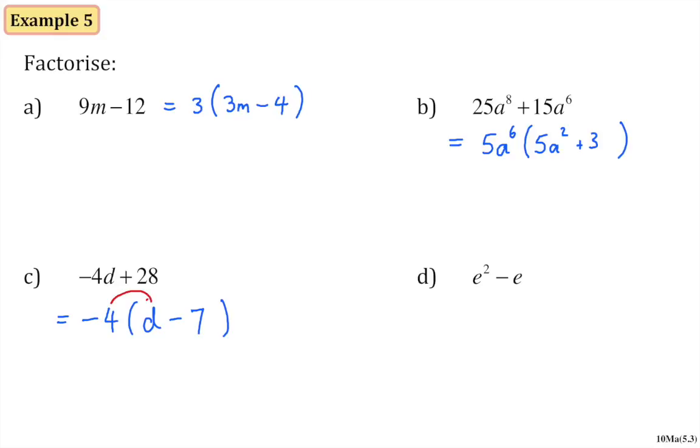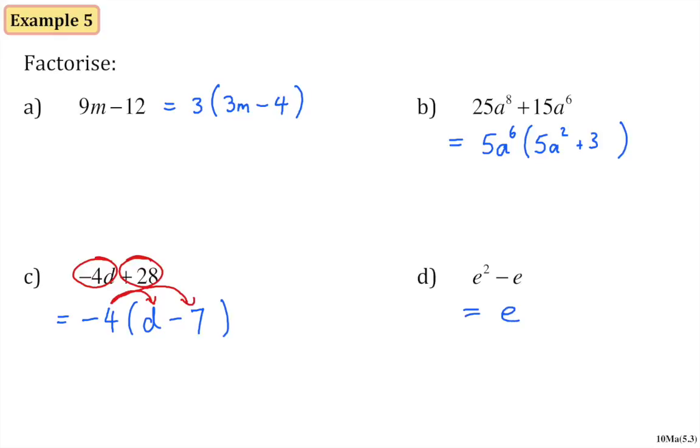What's negative 4 times D? Negative 4D. What's a negative 4 times a negative 7? Two negatives make a positive, and 4 times 7 gives positive 28, so the bit in blue is the answer I'm looking for.